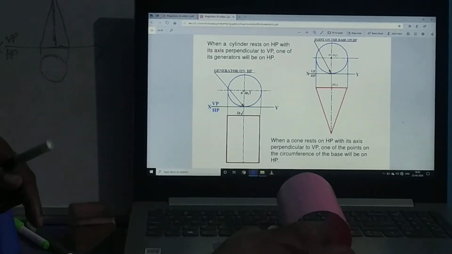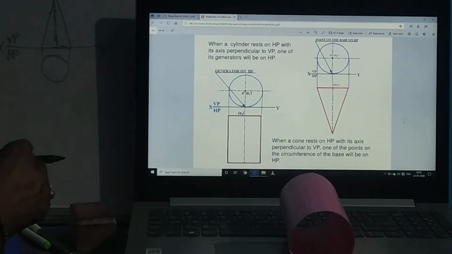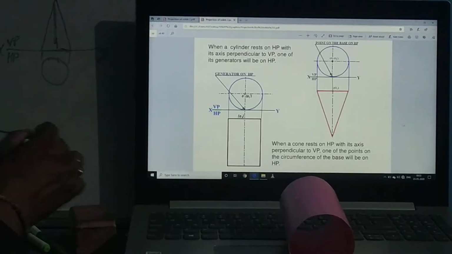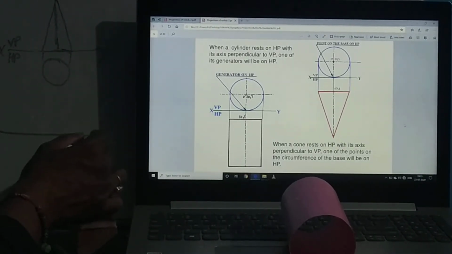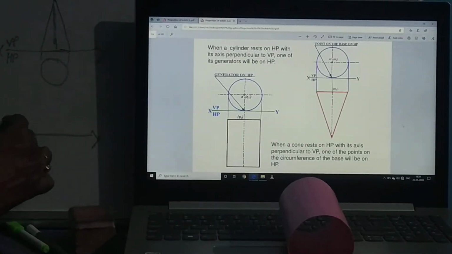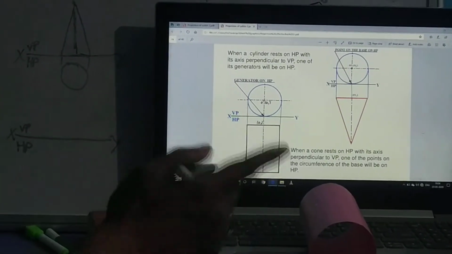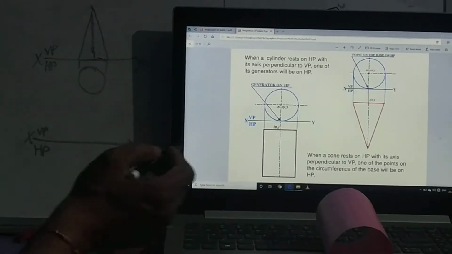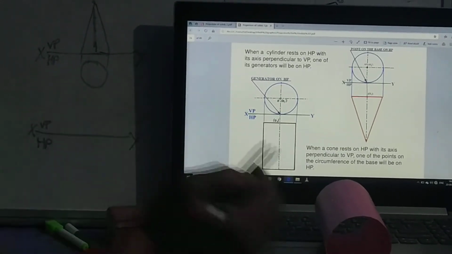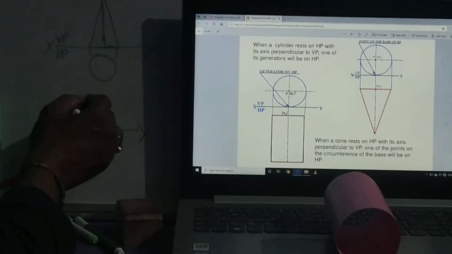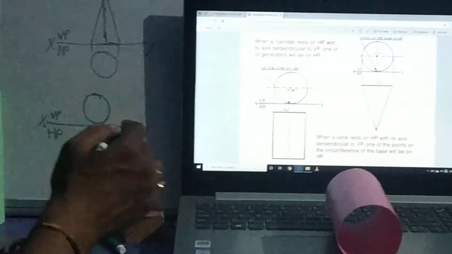So first of all, here we can see, draw the XY line. This is our VP plane, this is our HP plane. If the solid is placed like this, we will get the circular image on the VP plane here, and whatever length or height is given, when we view it from the top we will get this length on HP.